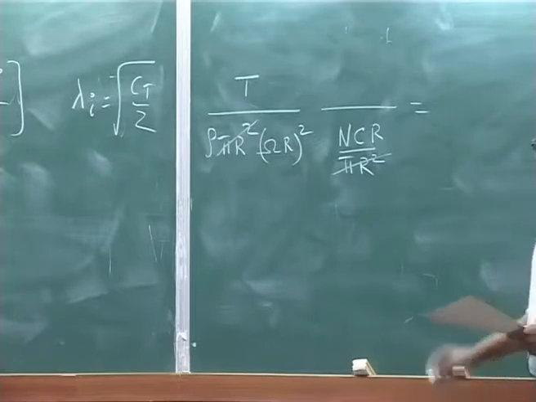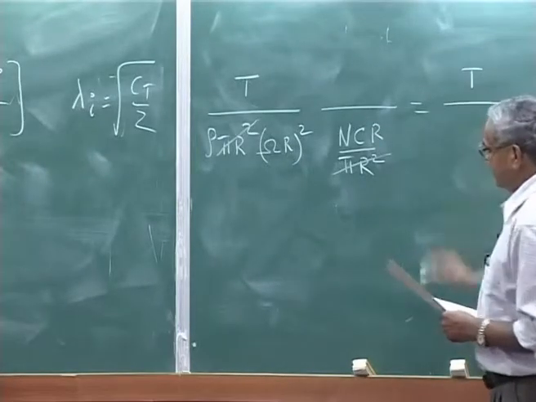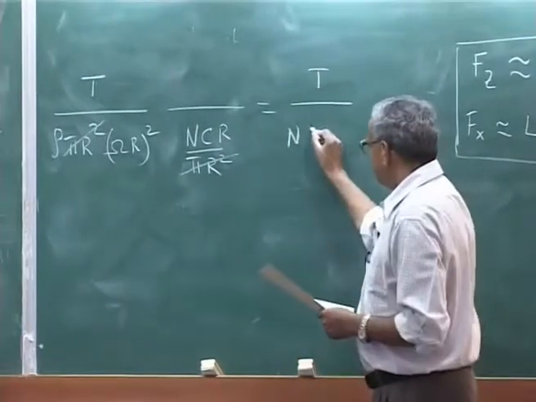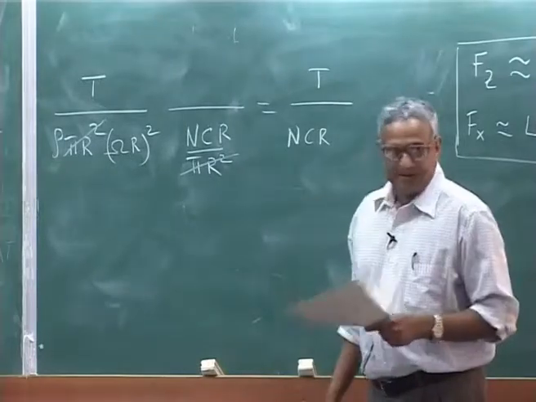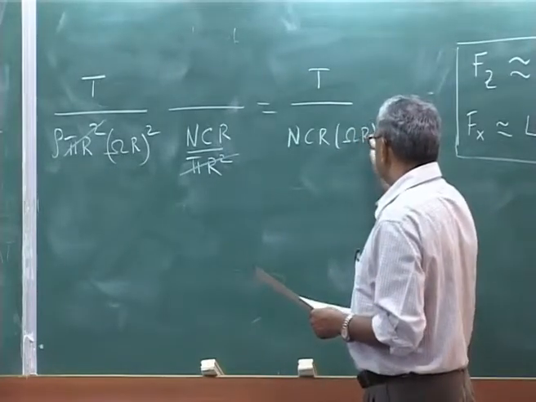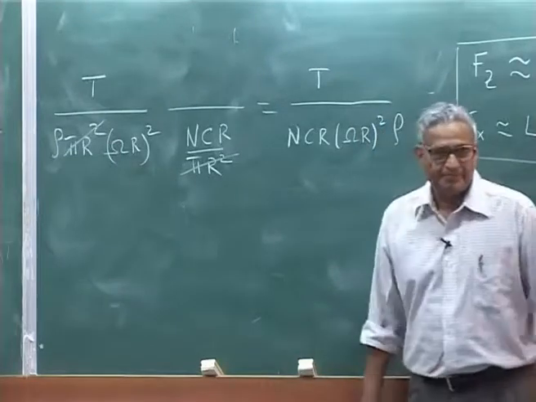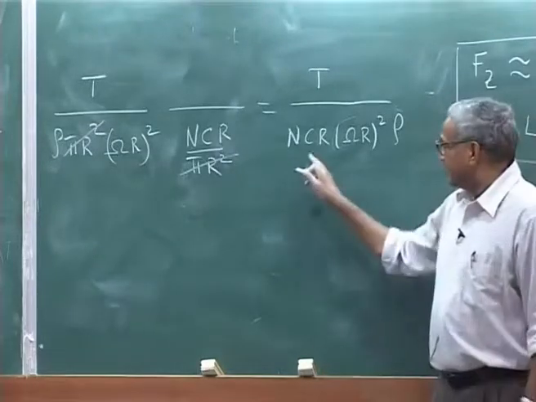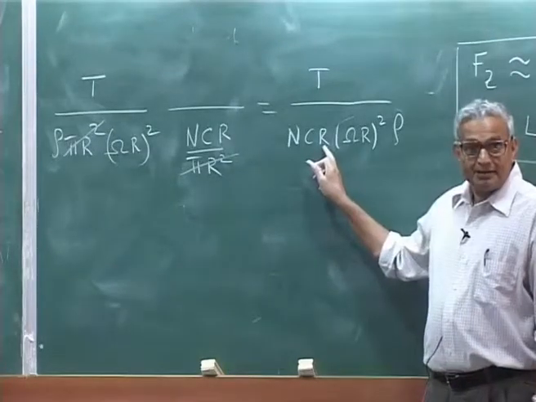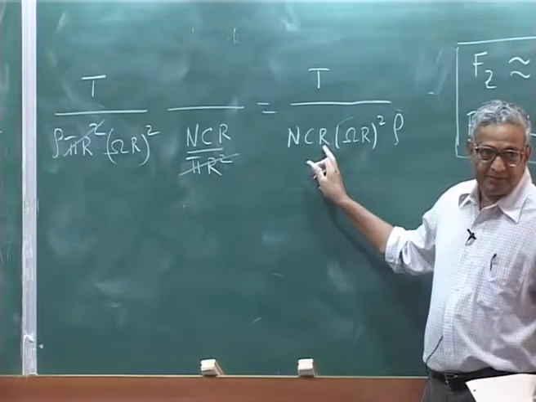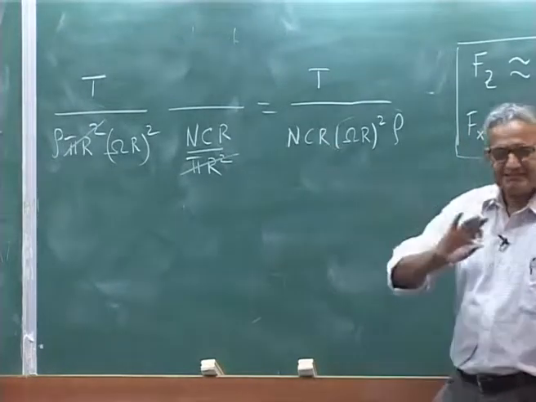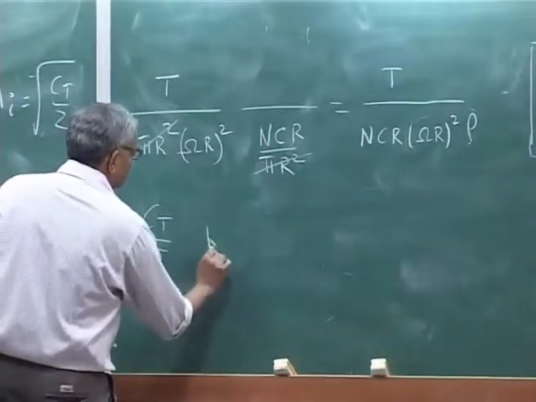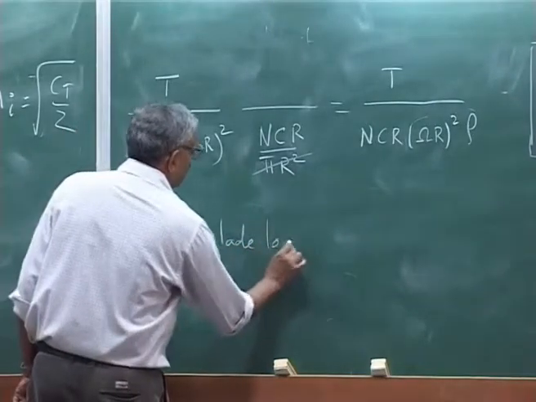This will become thrust divided by N, number of blades, c R, and of course rho and omega r whole square. This is basically for non-dimensional purposes, but N c R tells you the blade area. So, Ct over sigma is called blade loading.